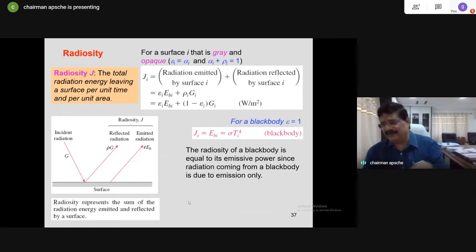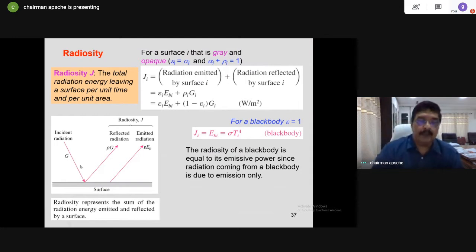It's receiving radiation from various sources. So cumulatively, all the radiation falling on the surface, I call it incident radiation or irradiation G. Now, when irradiation G is falling, the material may have an absorptivity of alpha and reflectivity of rho.